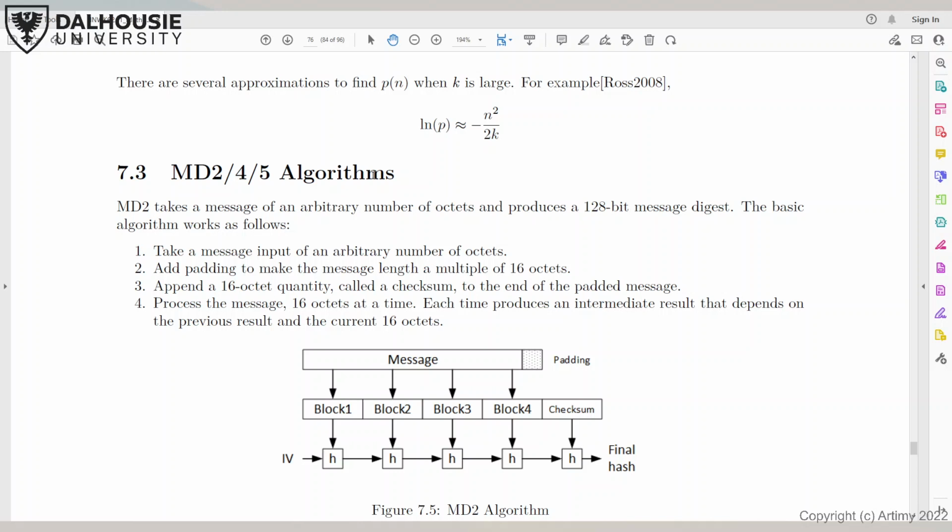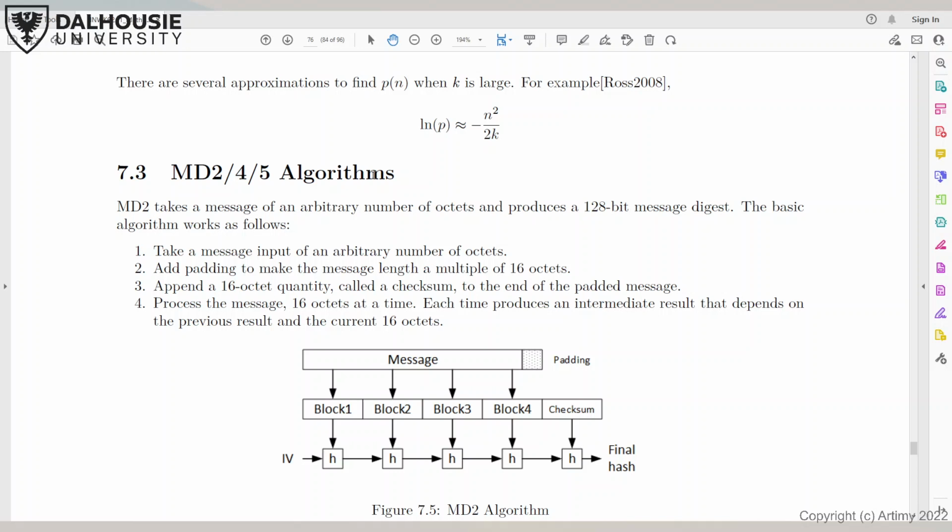So MD2 takes the message and breaks it into blocks of 16 octets. 16 by 8, by the way, is 128 bits, right? So they try to block it into 16 octets, 16 bytes.